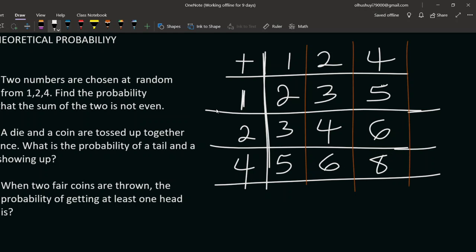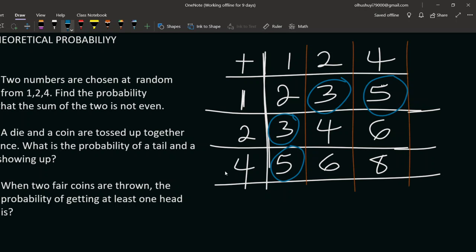It said find the probability that the sum of the two numbers is not even. If it is not even, then it will be odd. The probability that is not even: this is not even, this is not even, this is not even. So in the whole space, how many outcomes do we have? 1, 2, 3, 4, 5, 6, 7, 8, 9.